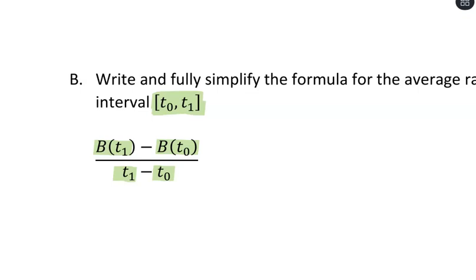Now, what we're going to do in the next step, as we start trying to calculate this instantaneous rate of change, is that we want the interval, or rather the distance between these two, to get closer and closer. So where we're headed in part E, jumping way ahead, is we want to know, what if we wanted to know the rate of change that was occurring exactly when t equals 3?